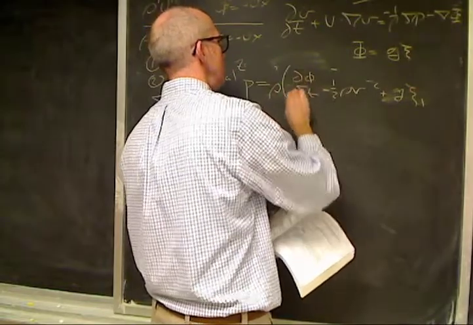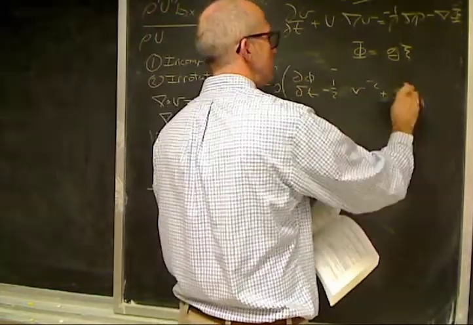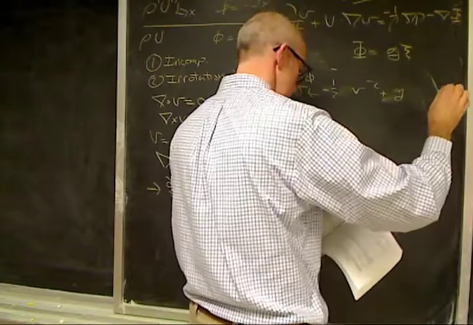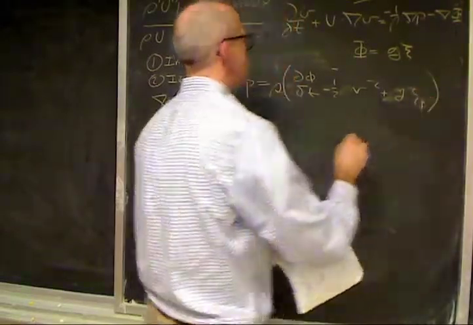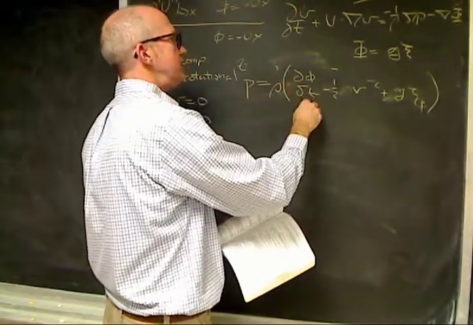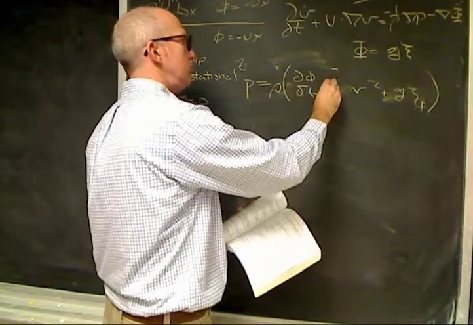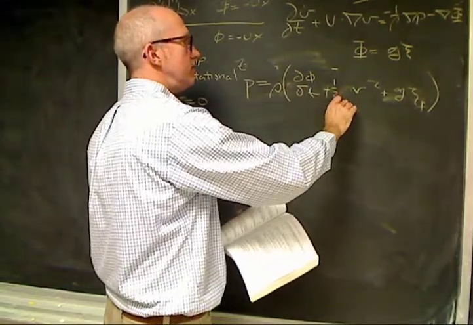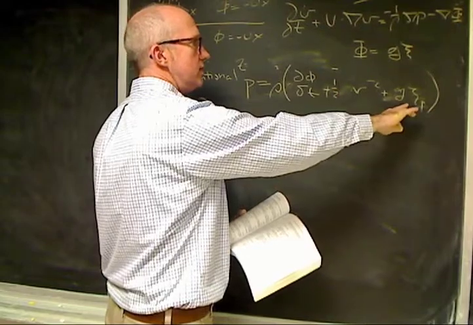Clean this up. So I got a rho. Let's take this rho all the way outside. And I get a minus d phi dt. I get a plus, because I factored out that thing, v squared plus g c1.